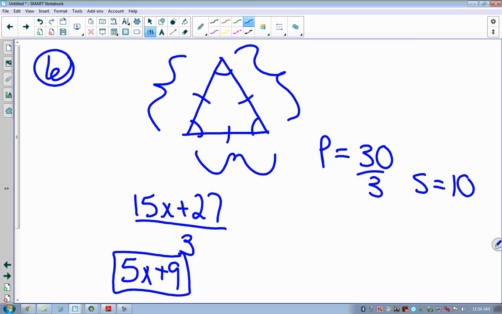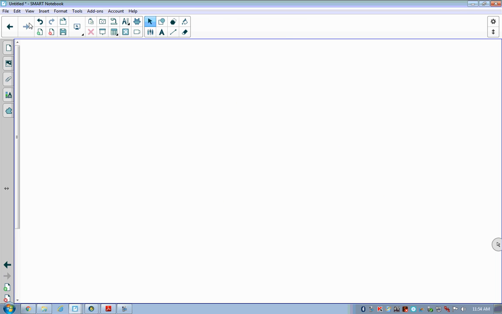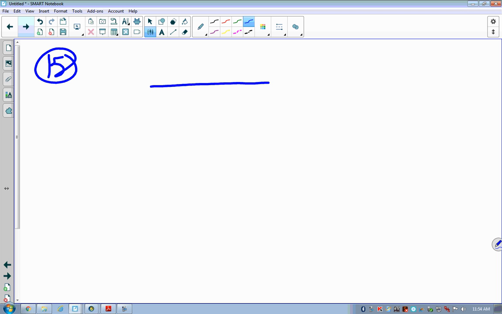All right. After 6 was 15. Okay, 15. It gives me a picture here of a triangle. It looks like an obtuse triangle. We'll work with it. Something like this.